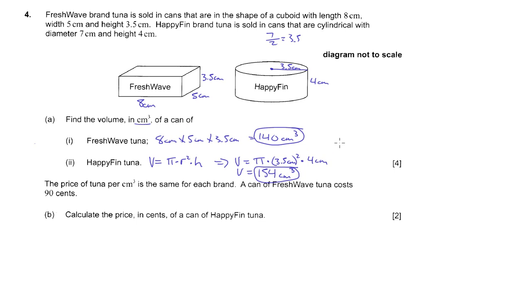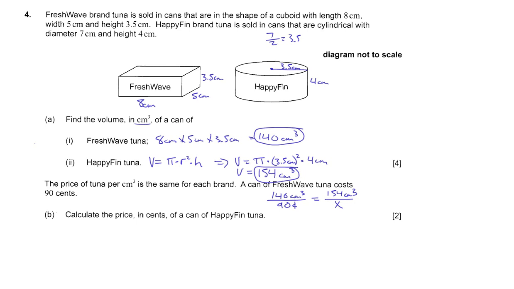Okay, so there's a couple ways you can go at this. I'm going to look at this as a ratio. So I'm going to say I know that 140 cubic centimeters is going to cost 90 cents. How much is 154 cubic centimeters going to cost, right?